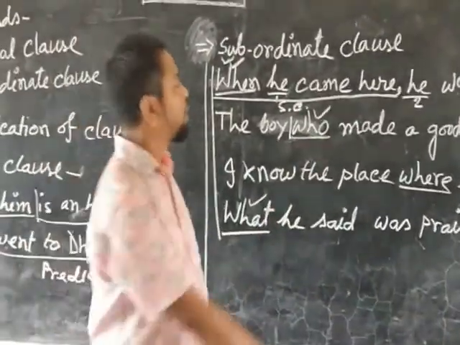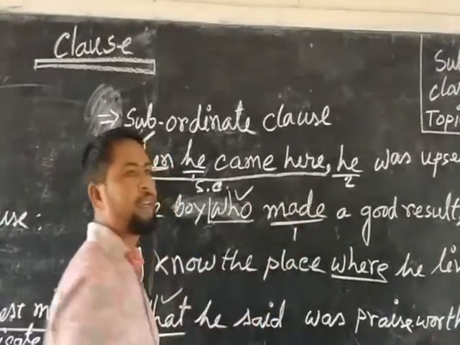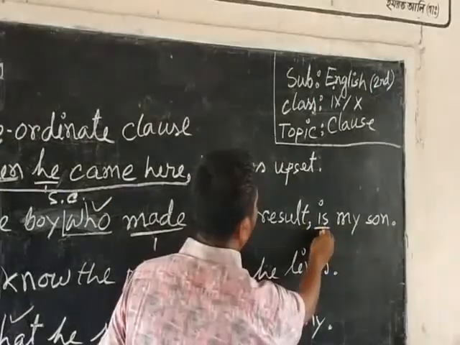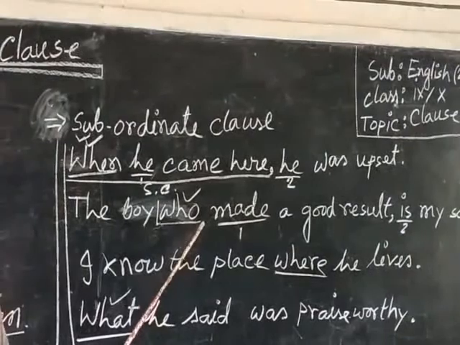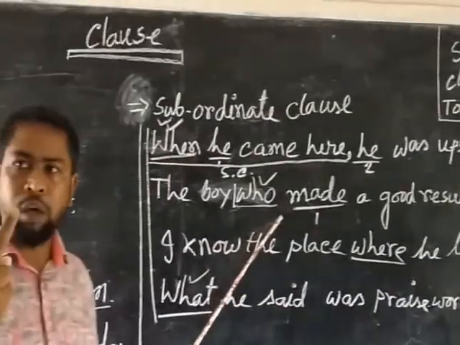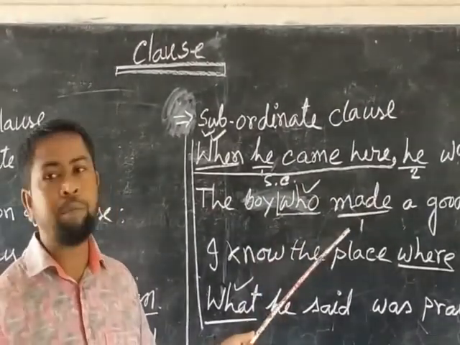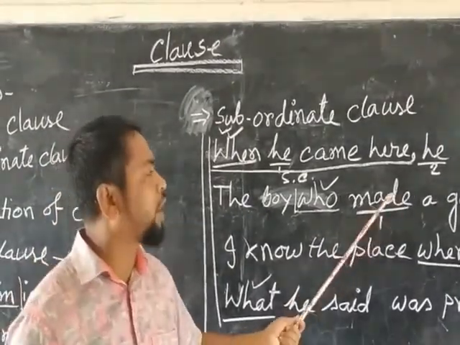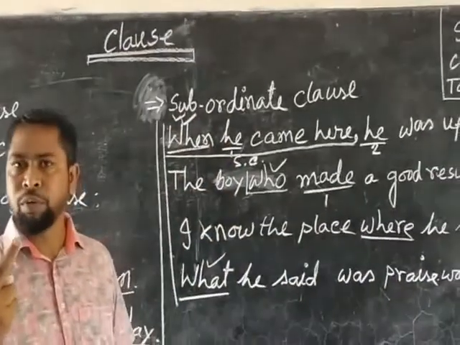Here, firstly made is a finite verb, secondly is is a finite verb. Here made and is are finite verbs.